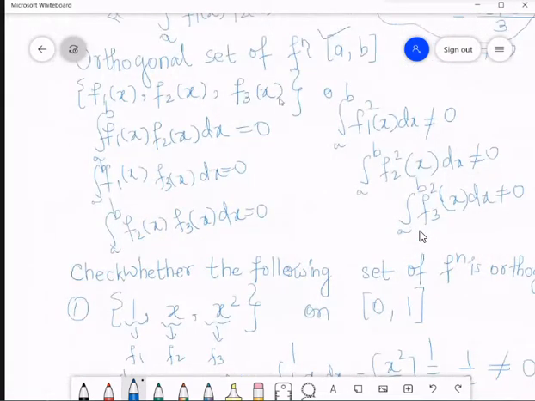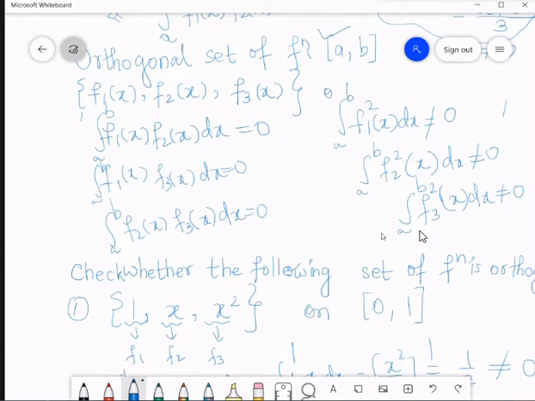The only difference between orthonormal and orthogonal is, see over here, for orthogonal we had these three things as 0 and these were non-zero. Instead of this non-zero number, we want to have 1. If in place of this we have a 1 here, then we say that this set is an orthonormal set.